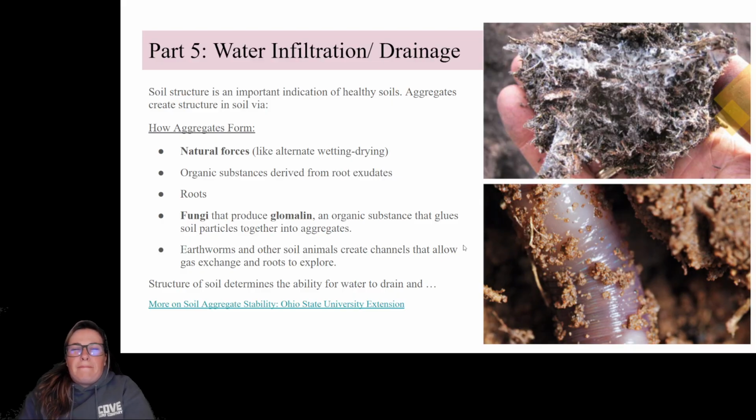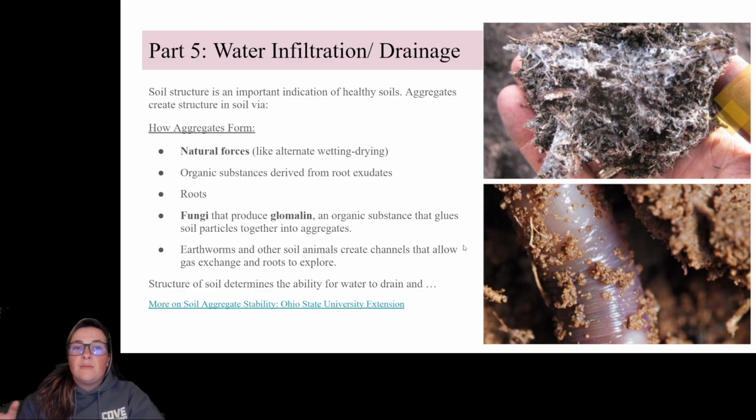So how do these aggregates form, these clumps that we're talking about? They form through natural forces, so alternating wetting and drying, and organic substances derived from root exudates. Roots are pushing out certain chemicals, these organic substances that are creating peds.